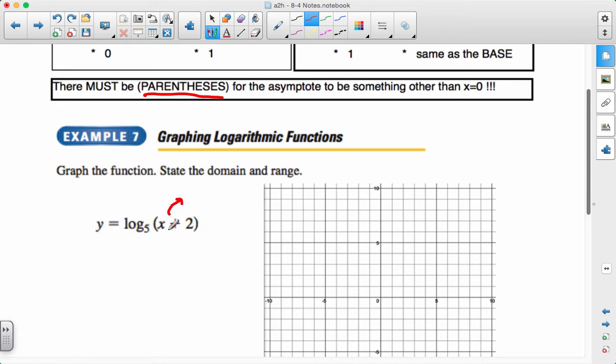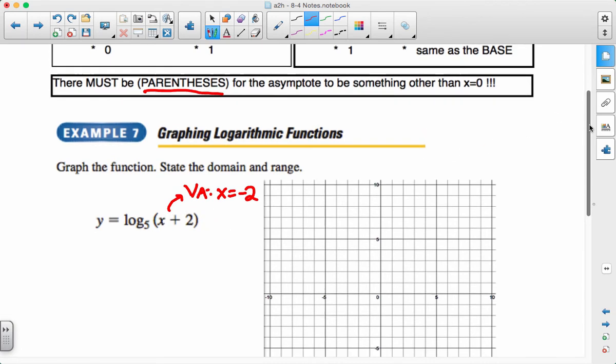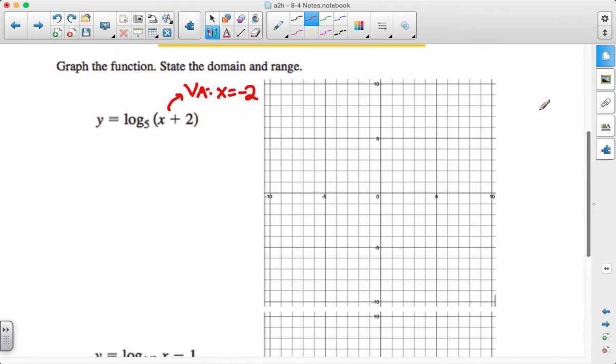And if that says x plus 2, then that means there's a vertical asymptote at x equals negative 2. Set the argument, set the number equal to 0 and solve for x. So now we see that there's a vertical asymptote at negative 2, and we'll draw that.